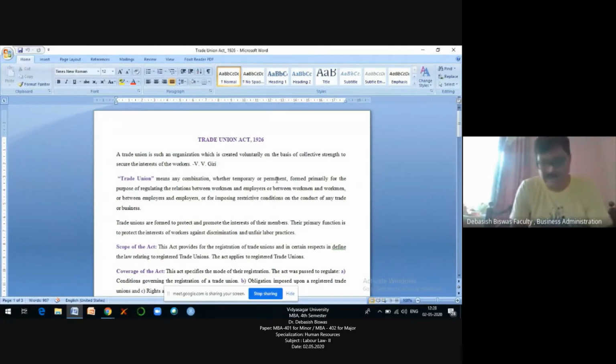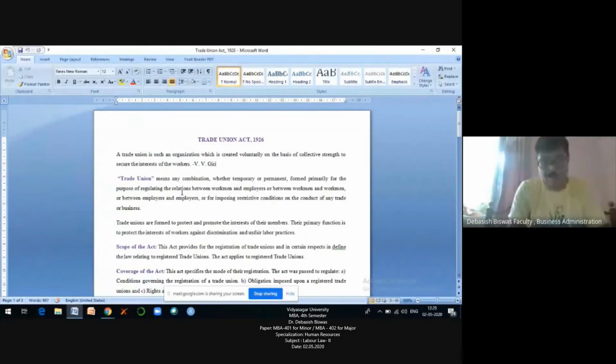So that's why in the definition it is written that a trade union may be temporary or it may be permanent, and it is formed primarily for the purpose of regulating the relations. Why is the trade union formed? The purpose is to regulate the relation. So there is a close connection between trade union and industrial relations. If you want to foster industrial relations, if you want to make the relations very good, then the trade union can take a positive role.